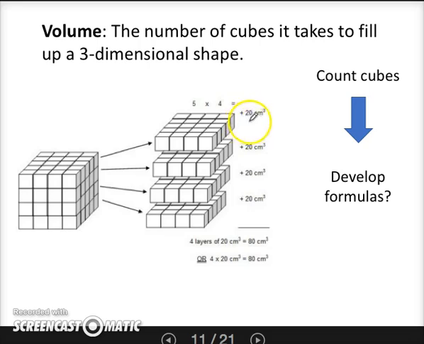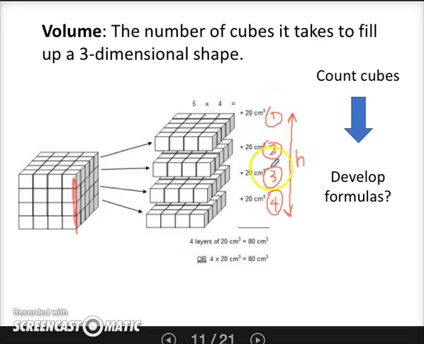Because what we did when we counted the layers, 1, 2, 3, 4 layers, was we were actually measuring the height of this solid figure. So if the height was 4 layers, then what did we do back when we first counted these cubes?